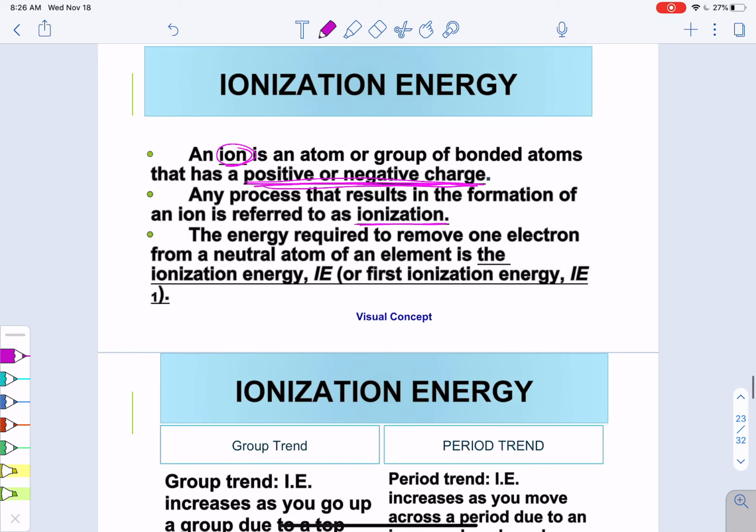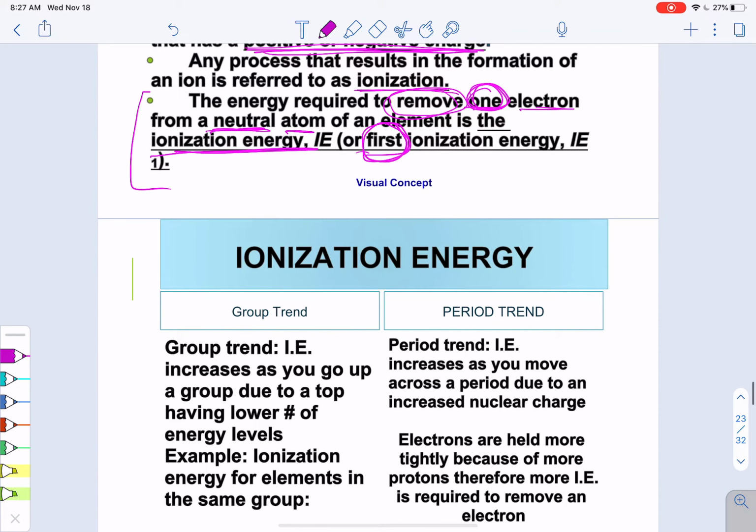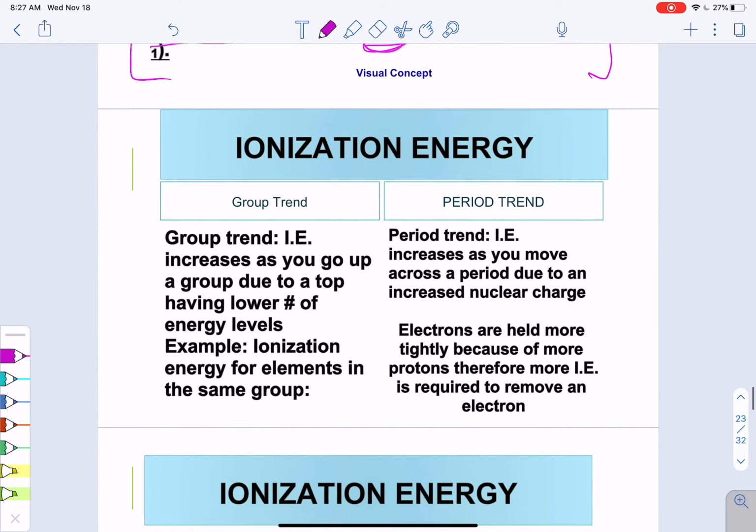The energy required to remove 1 electron from a neutral atom is the ionization energy. This is specifically the first ionization because we're removing the first electron from a neutral atom. Okay? So you need to know the definition of ionization energy.